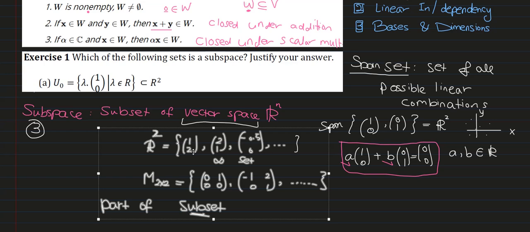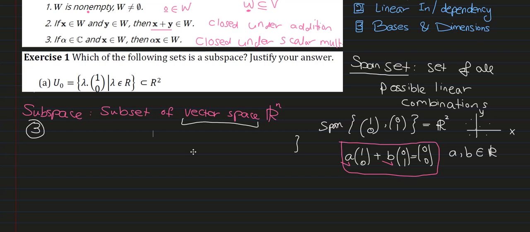Or the matrices, also, like here, it's all of the matrices that are of size 2 by 2. So now we have an idea about the vector space, and we will not discuss it further. We can call this vector space Rn because it might belong to any dimension n.